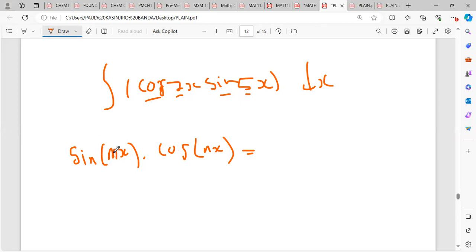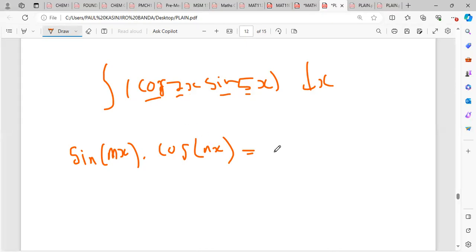So sine mx, where this m can be any number, in this case it is 5. So sine mx multiplied by cos nx, this n there is just the 2 there.